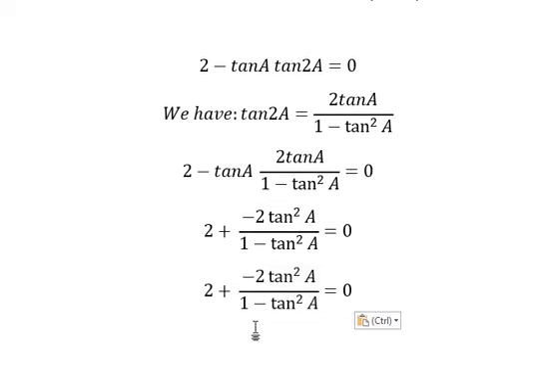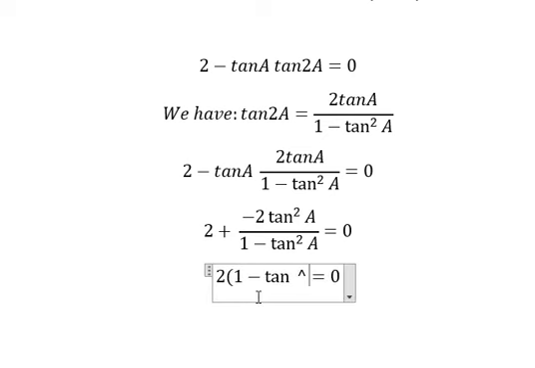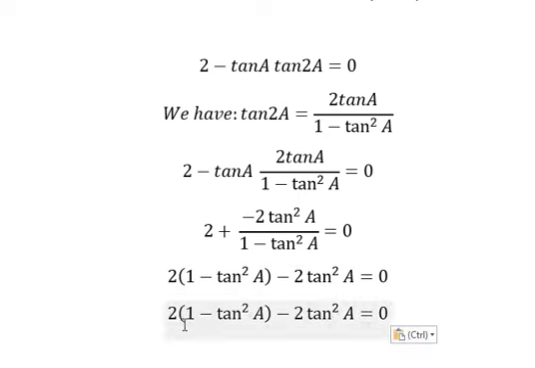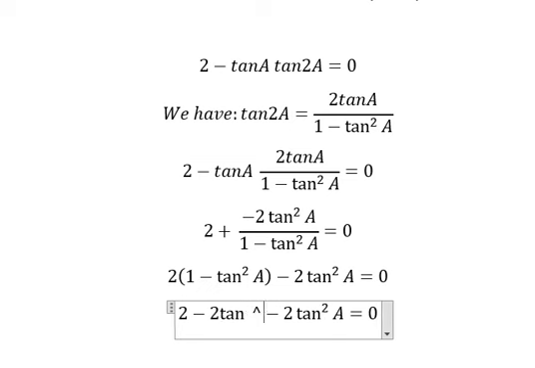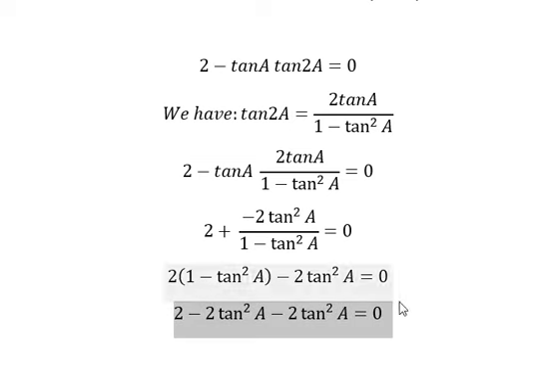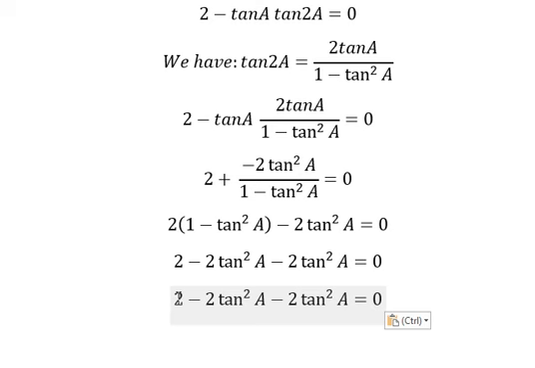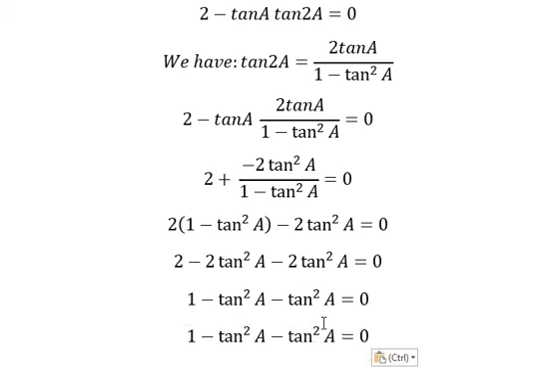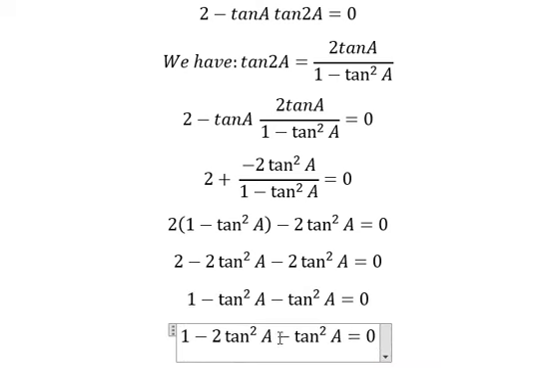And now we multiply both sides by 1 minus tan θ squared. So this one we have number 2 minus number 2 tan θ squared. And then we divide by number 2. This one we have negative number 2.